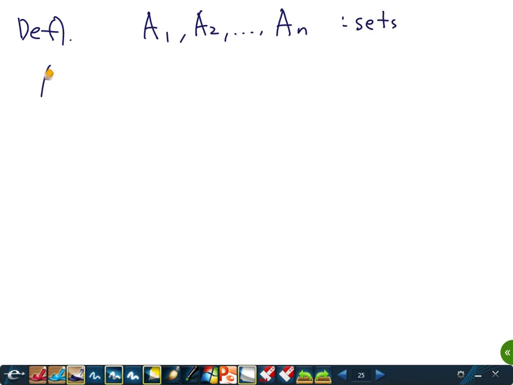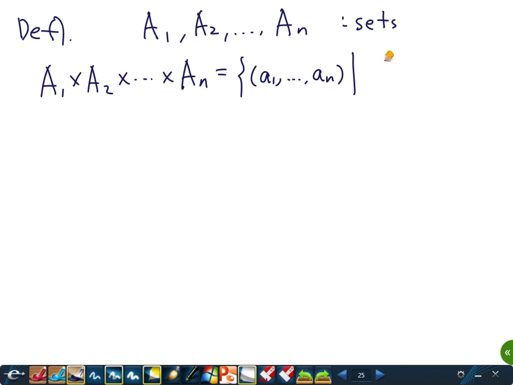The Cartesian product of them can be defined as the set of n-tuples (a1, ..., an), where ai is in Ai for every i from 1 to n. So this is the definition of the Cartesian product of n sets.